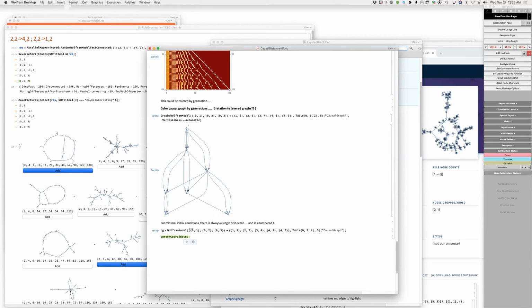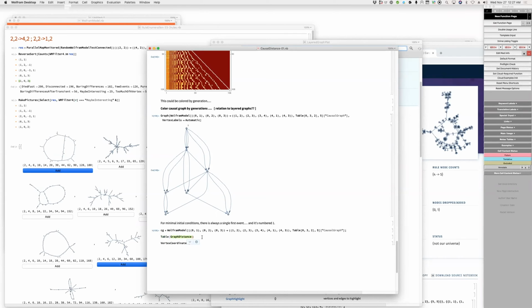So for each vertex in CG, we have to know the graph distance from the root for every node, right? It's a table.